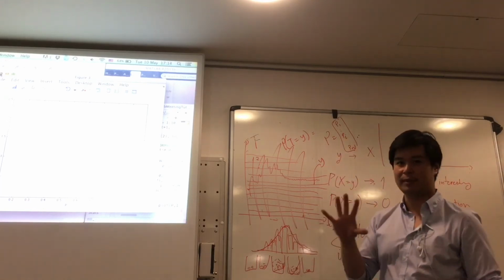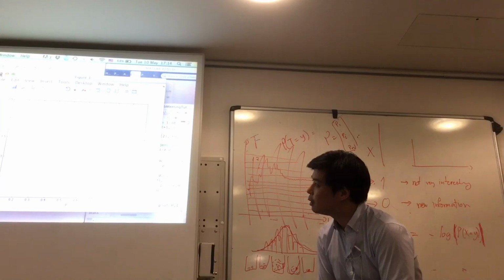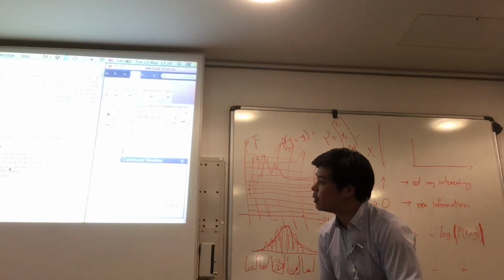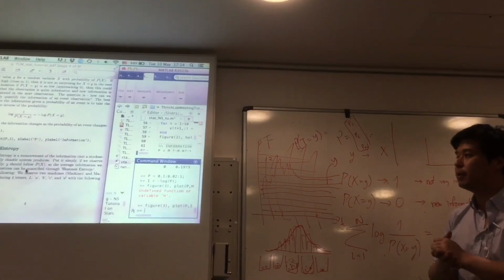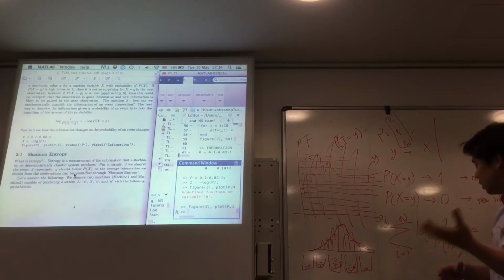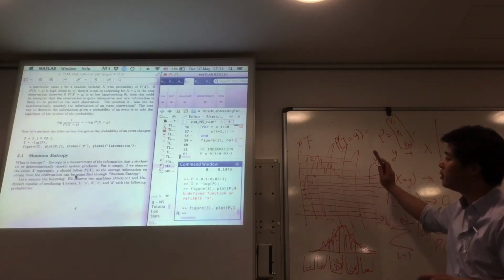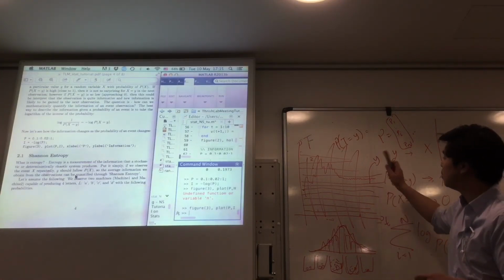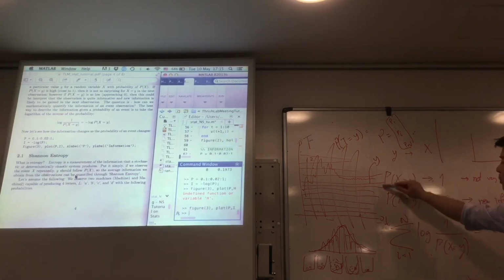So the concept of information is clear. The next one is channel entropy. Entropy is a measurement of information. If we observe something repeatedly, in this case, y should follow x.